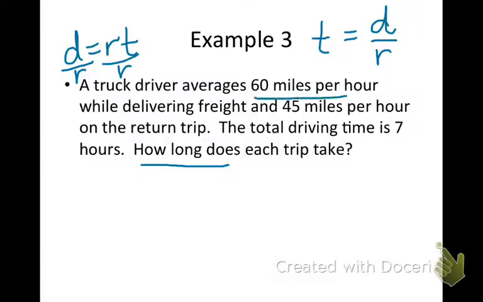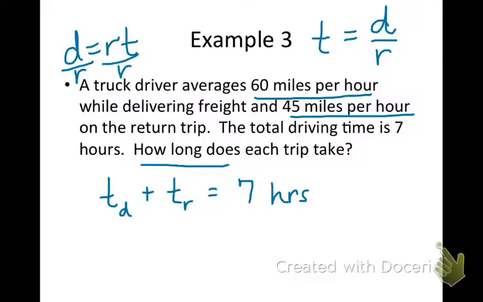So this 60 miles per hour is your delivering speed, and 45 miles per hour is your return trip speed. The total driving time, so the two together: we have time for delivering plus time for returning equals 7 hours.